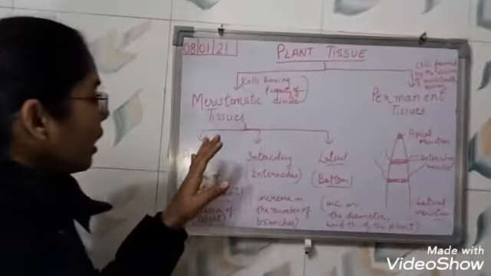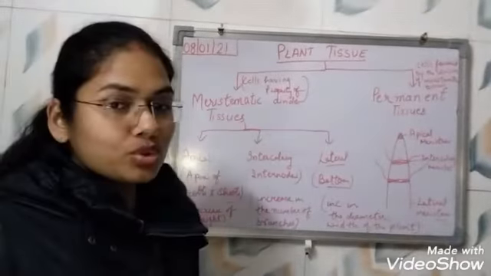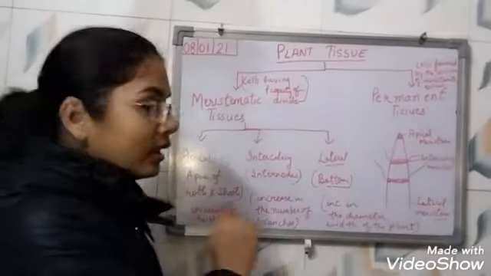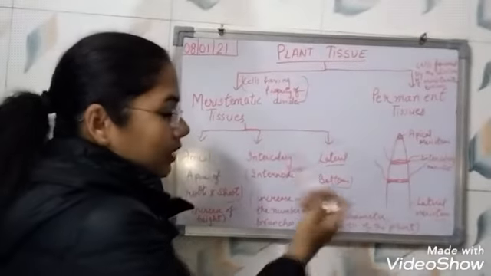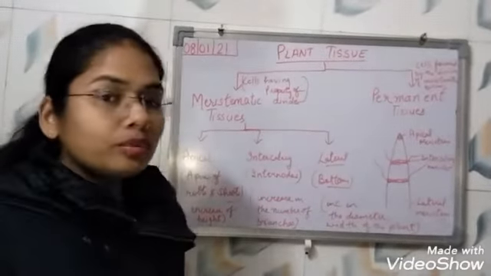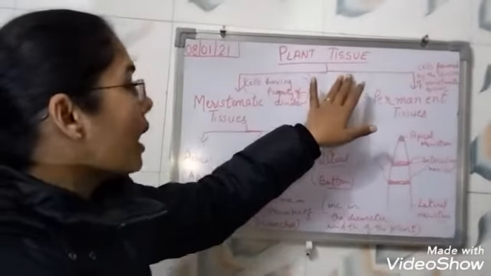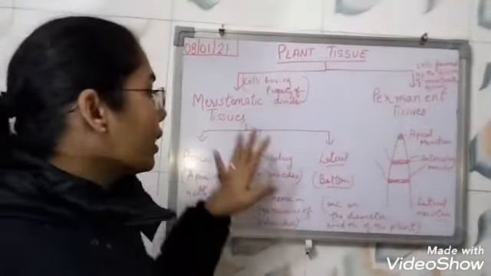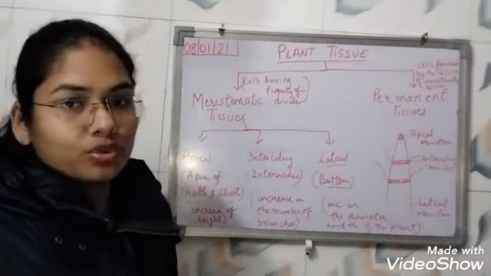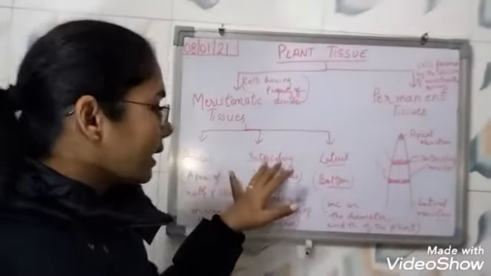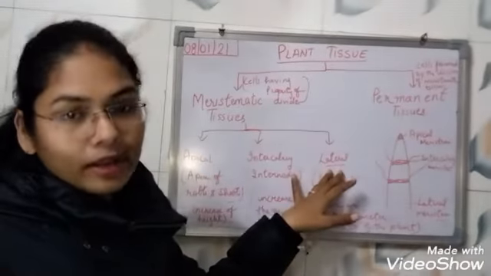So this is how meristematic tissues are grouped into apical, intercalary and lateral meristem. Class, this is all about the plant tissue, and today we have covered meristematic tissue, and in it apical meristem, intercalary meristem and lateral meristem.